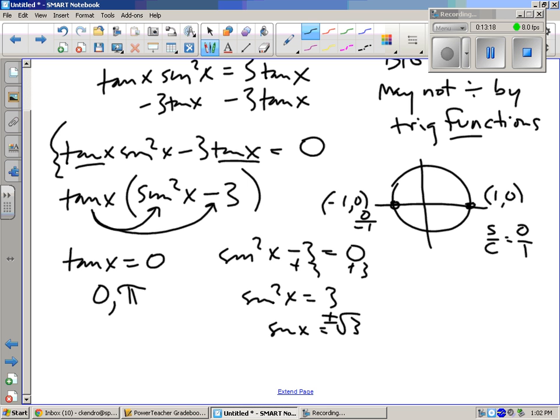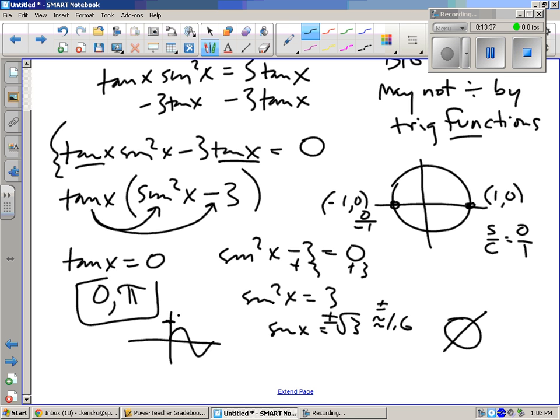Remember your picture of the graph, we'll say approximately plus or minus 1.6. When you do the graph of the sine wave, it never goes above 1, so it's not going to be at 1.6. So there is no solution for that part. So these are the only two answers for that question.